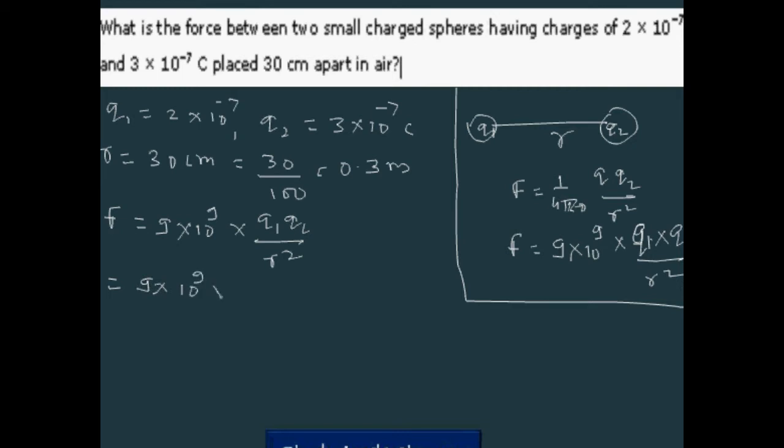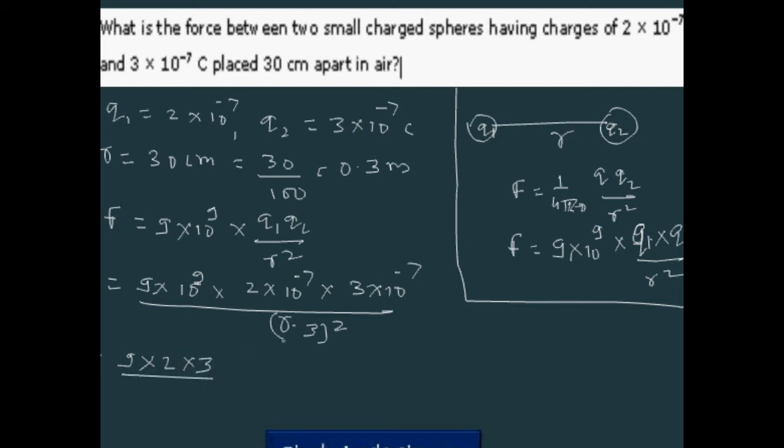this results in 9 × 10^9 × 2 × 10^-7 × 3 × 10^-7 upon 0.3 squared. On simplifying, separate the numbers: 9 into 2 into 3, and 0.3 squared is (3/10) squared, which means 9 by 100, so 100 goes up and becomes 10 to the power 2.